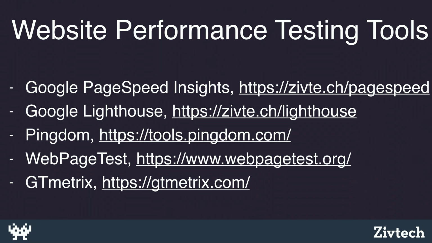One of the ones I used prior to Google coming up with some of these is tools.pingdom.com. Some of these tests on here are kind of outdated in terms of some of the newer browser technologies out there. So you get some false positives sometimes on the Pingdom tool now, but it's still pretty good overall to test your images and JavaScript and things like that to see how they're being aggregated. WebPageTest is one we found over the last couple years that also spits out some really good suggestions on different things you can change on the site.